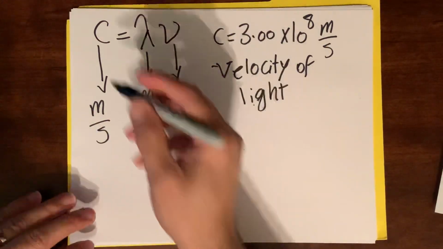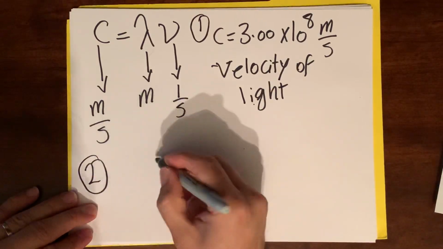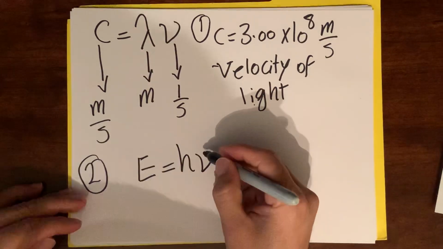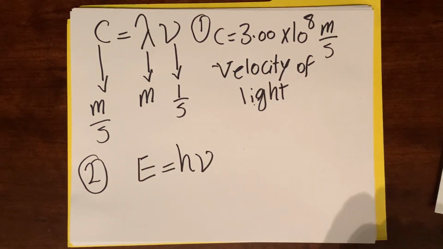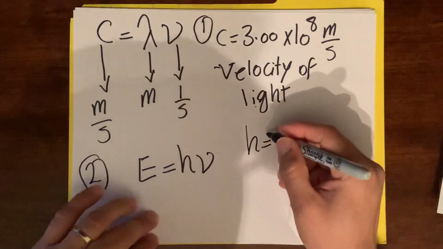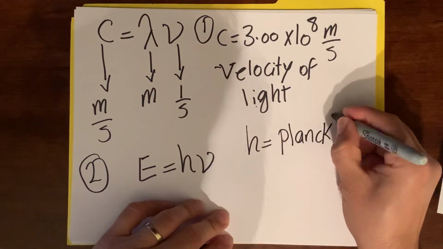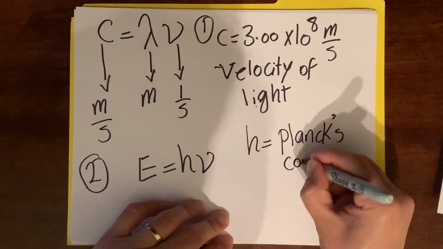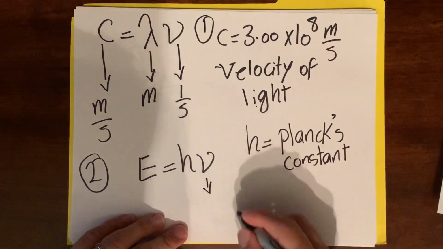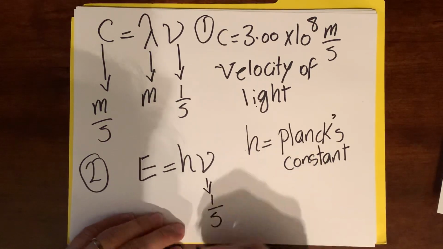Let's call this one the first formula. And the second formula is energy equal to h nu. What's the h? H is the Planck constant, and nu is the frequency, which has unit of 1/second.